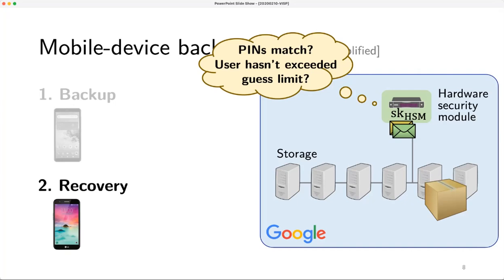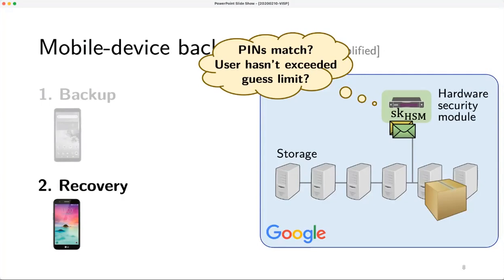And what the hardware device does is two things. First, it checks that the PINs on these ciphertexts match, so that you're recovering your ciphertext with the same PIN that you used during backup. Essentially that you're the right person, you knew the right PIN. And the second thing it does is it checks that you haven't guessed the PIN too many times. So there's some rate limiting.